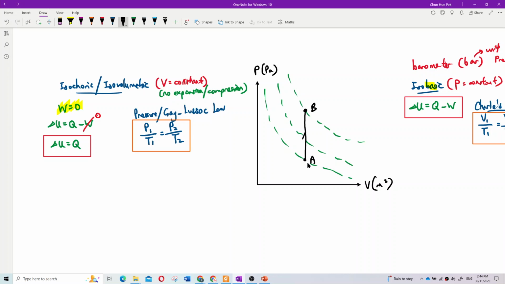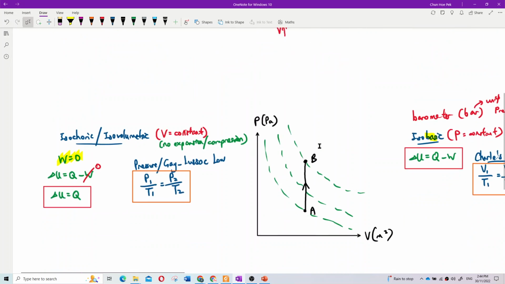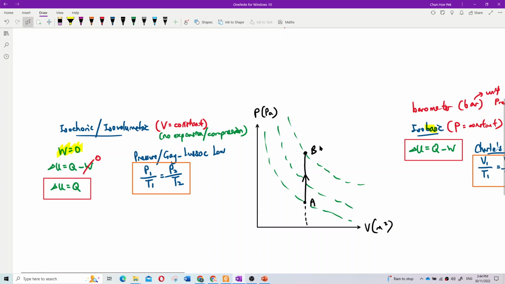Okay, so that's it. From here I can get all the values. I have the volume given, and then I have pressure 1 and pressure 2, and I also put temperature 1 over here, maybe 300 Kelvin, and temperature 2 over here, maybe 500 Kelvin.